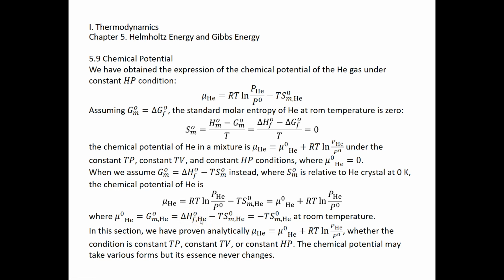So in this section 5.9 chemical potential, we have proven actually numerically and analytically this equation, whether the condition is constant TP, constant TV, or constant HP. The chemical potential may take various forms, but its essence never changes.